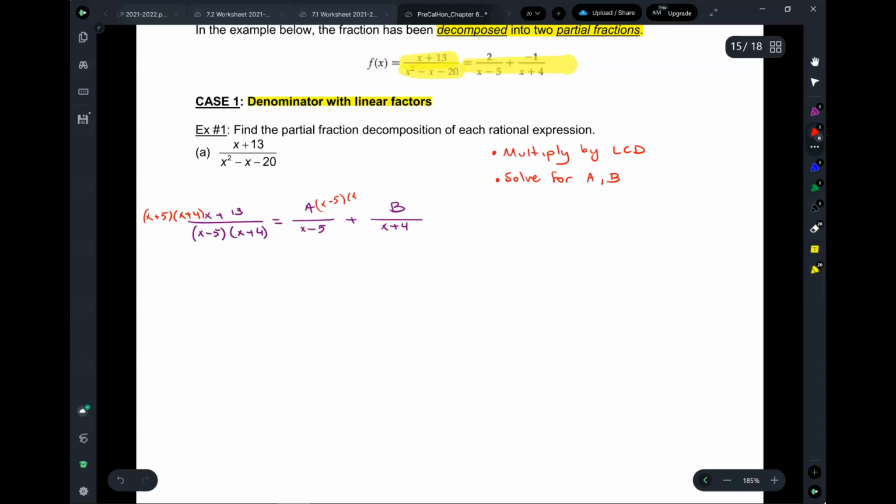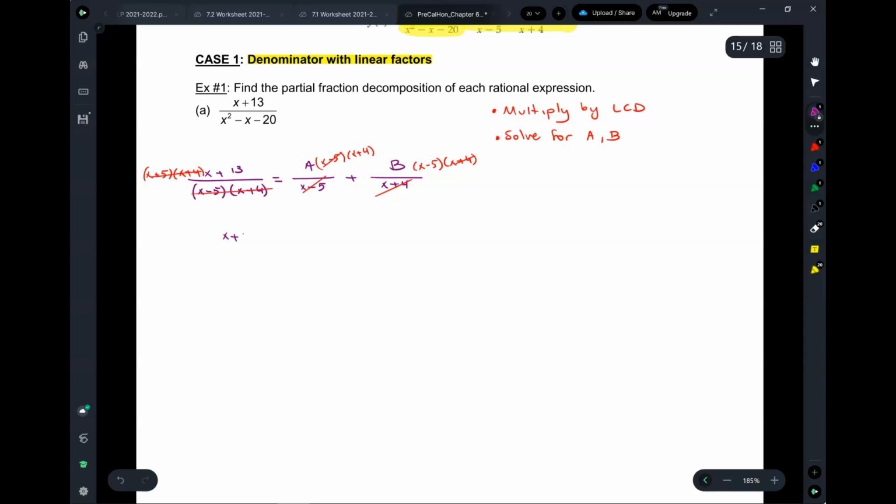Multiply the whole thing by that. All right, let's see what cancels. The x minus 5 is here, the x plus 4 is there. So I get x plus 13 is equal to A times (x plus 4), don't distribute, plus B times (x minus 5).